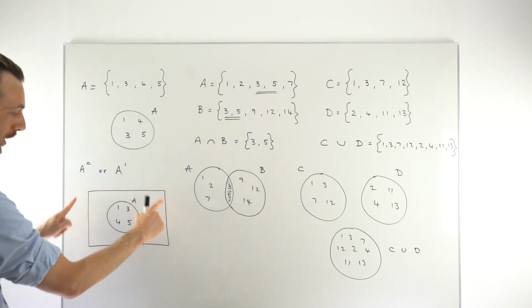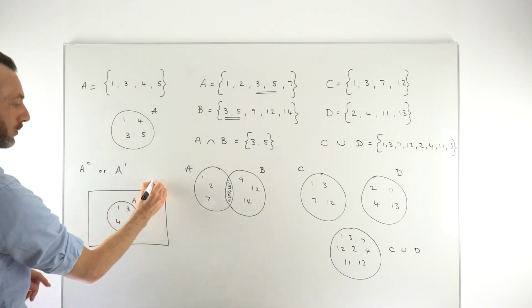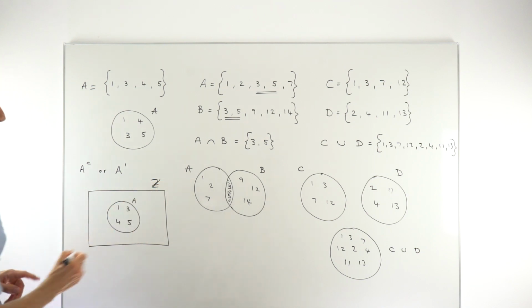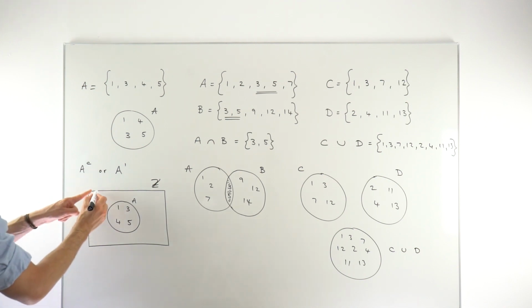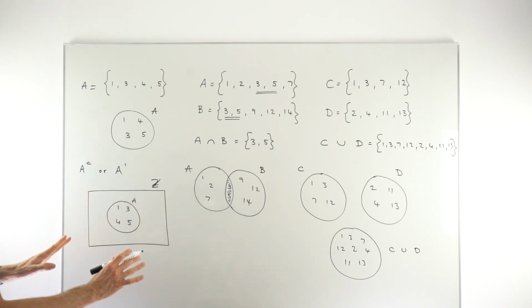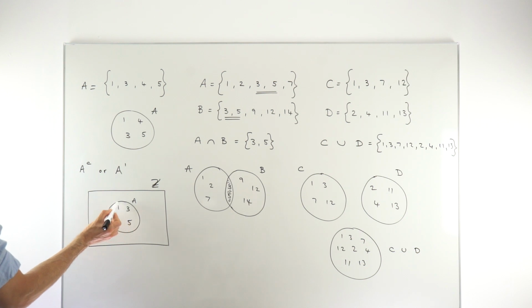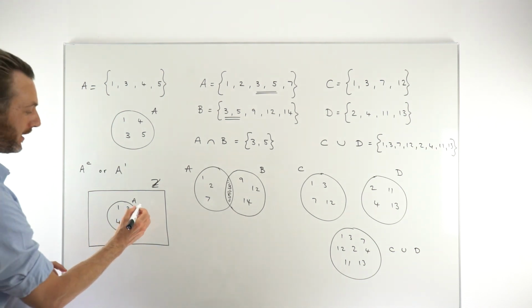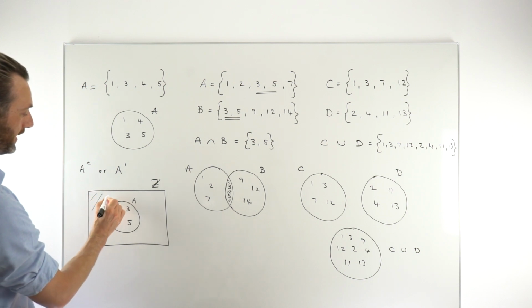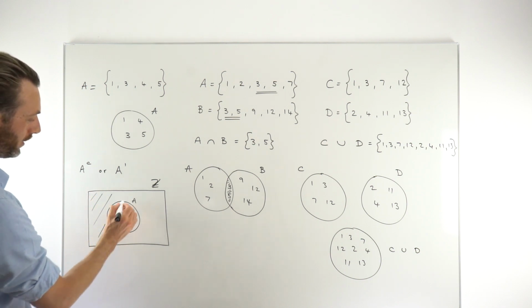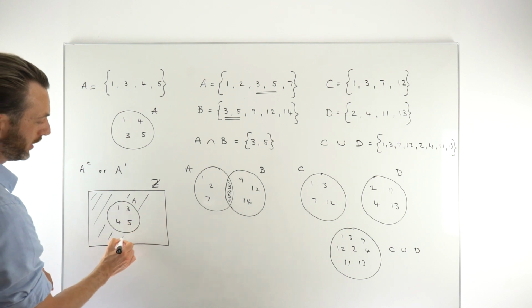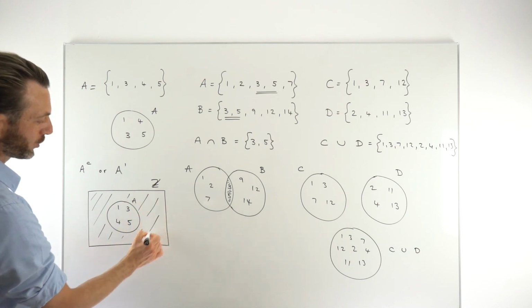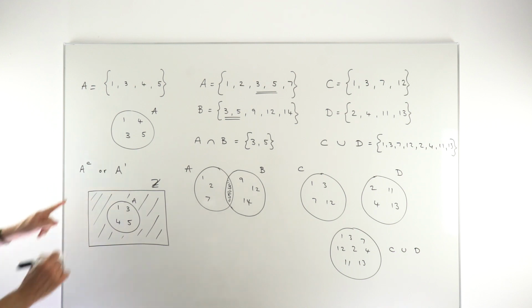If you imagine this square representing all the whole numbers, which is normally represented by the fancy Z, then inside the square you've got every single integer number, but inside the circle you've got the set A, which is only the integer numbers 1, 3, 4, and 5. Then basically the part inside the rectangle but not inside the circle, this shaded part here, that is the complement.